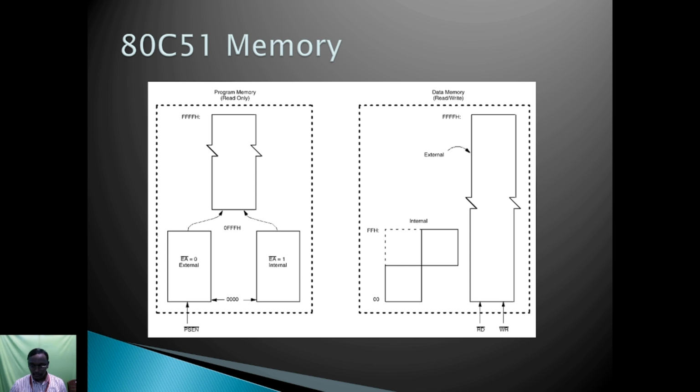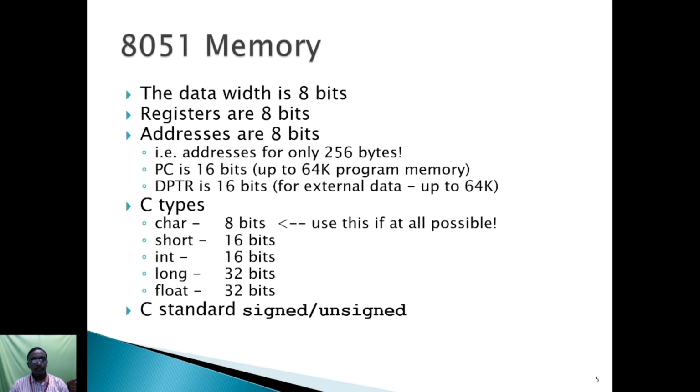So next, the data bus is 8 bit wide. Registers are also 8 bit wide. The address is also 8 bit, so only 256 bytes. PC is 16 bit, addressing up to 64K of program memory.